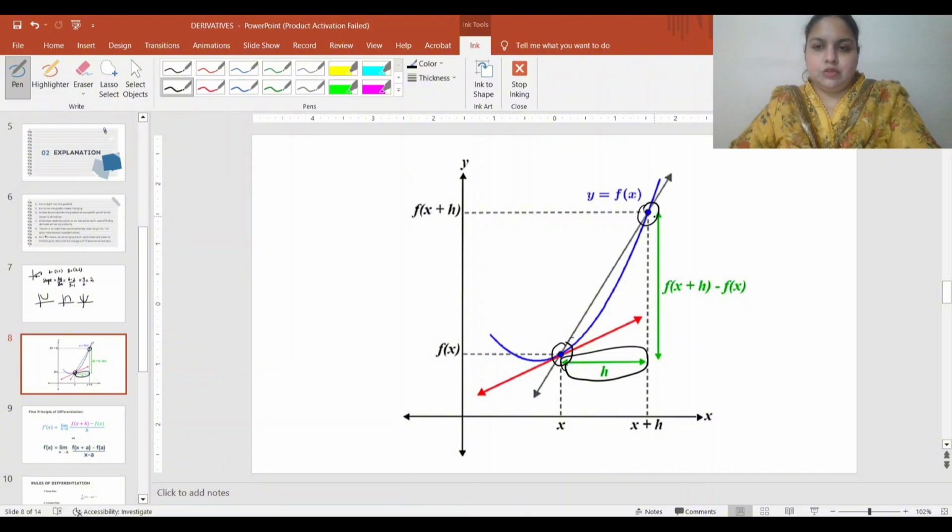Now our aim is to bring this second point so much closer to the first point so that we may find the slope at this point on the curve. Since our aim is to bring this point closer, we take h tends to 0.